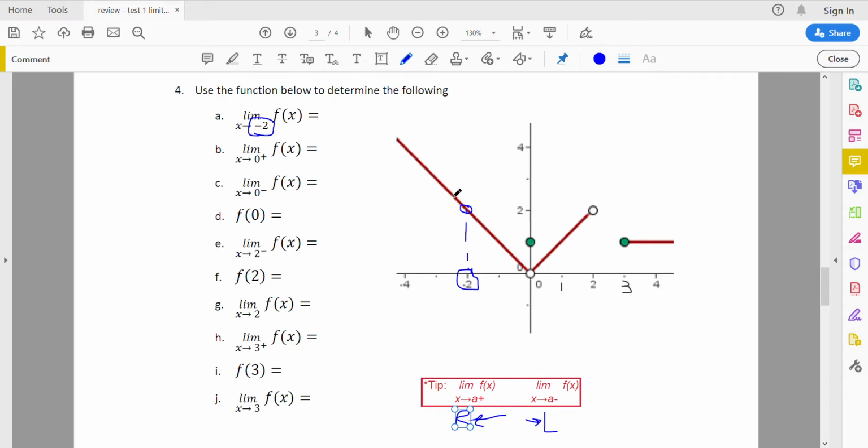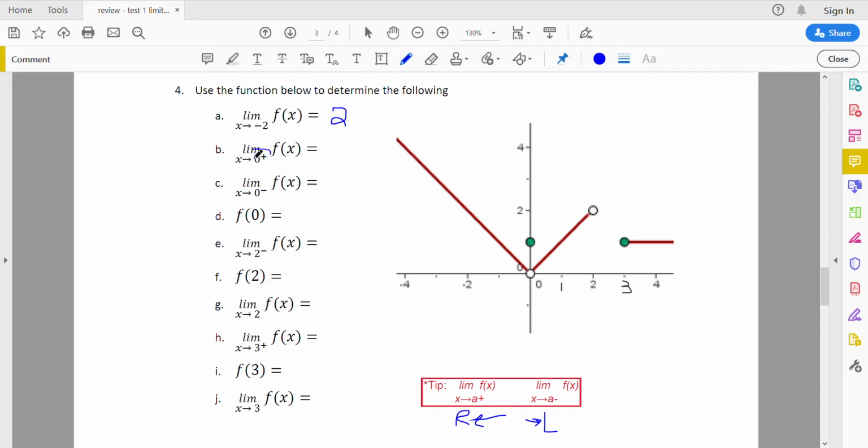In this case, both of my sides are actually coming into the same y value. So I can say here that my limit is 2. If I looked at my x value of 2, both sides were coming into the same y value of 2.